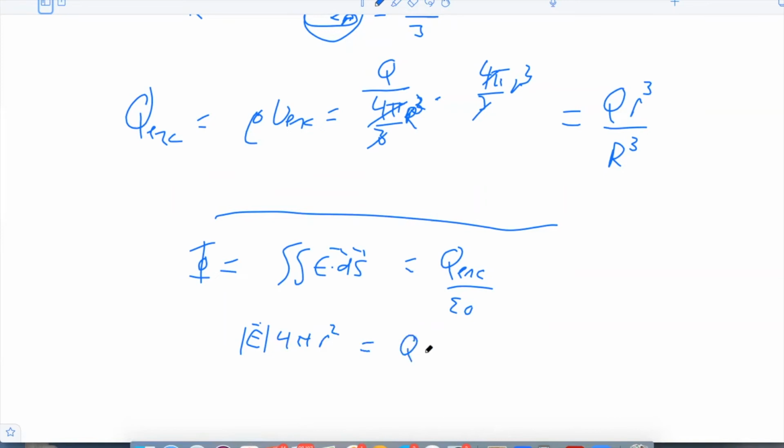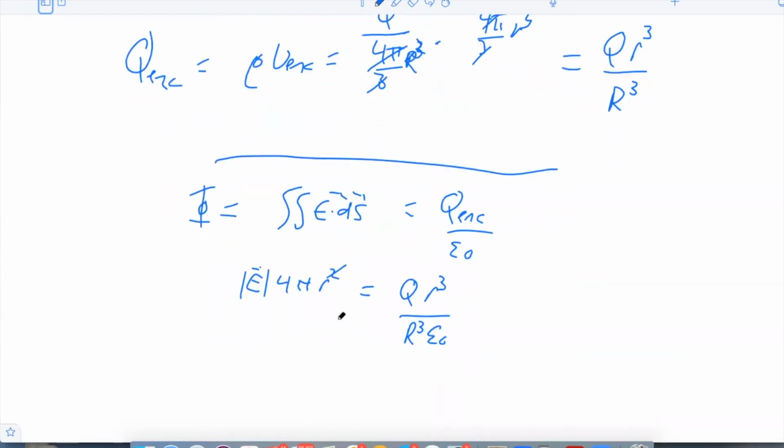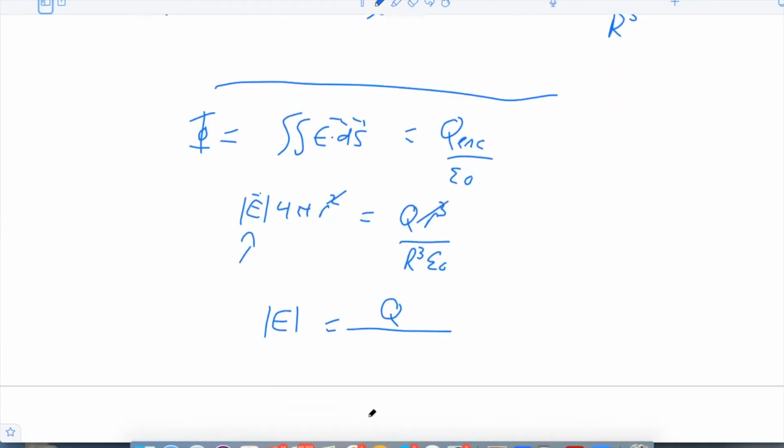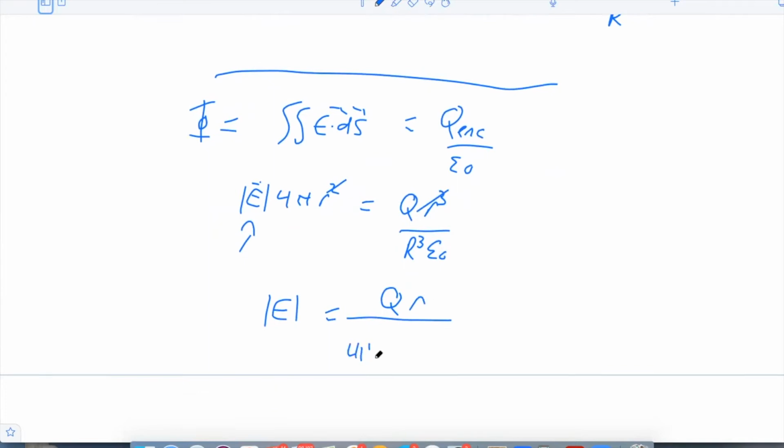That's supposed to equal Q little r cubed over big R cubed epsilon naught. Don't forget the epsilon naught. A couple of those guys cancel out. I can divide over the 4 pi and get, this is who I'm looking for, that's my goal, E equals Q r over 4 pi capital R cubed epsilon naught. So that's in magnitude, and this points radially out.